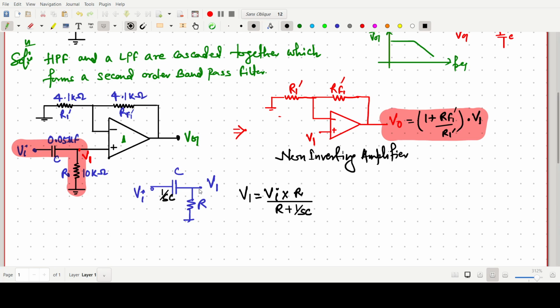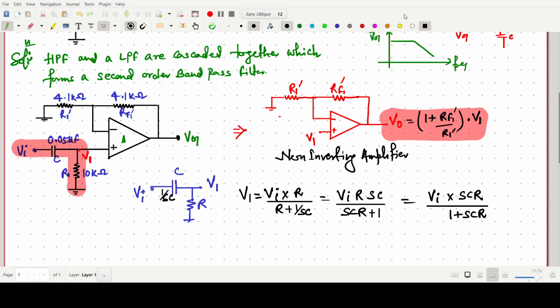Simple voltage division rule. So this can be written as Vi R SC upon SCR plus 1, or simply Vi into SCR upon 1 plus SCR. Yes or no? So this V1 we have already found.